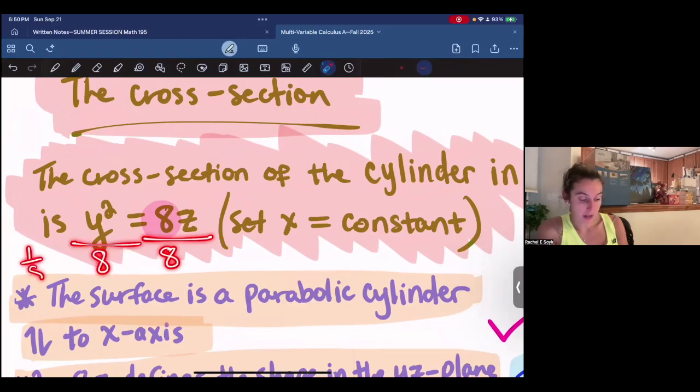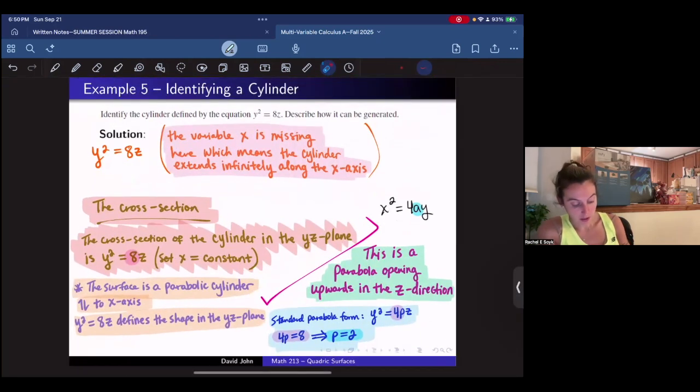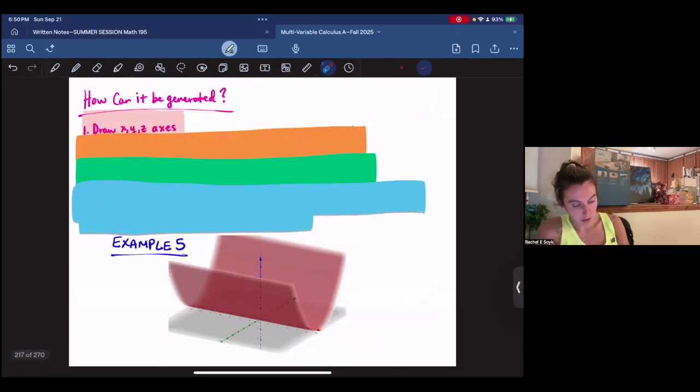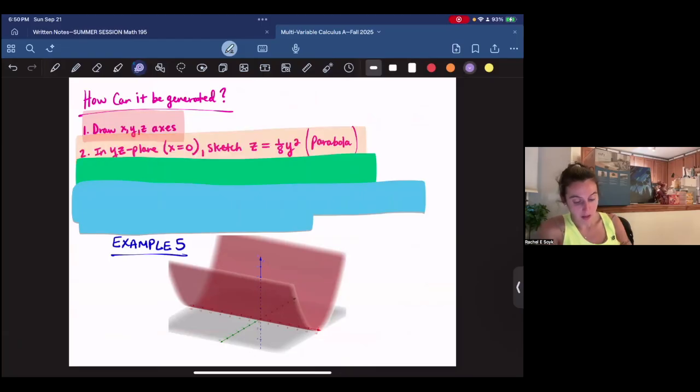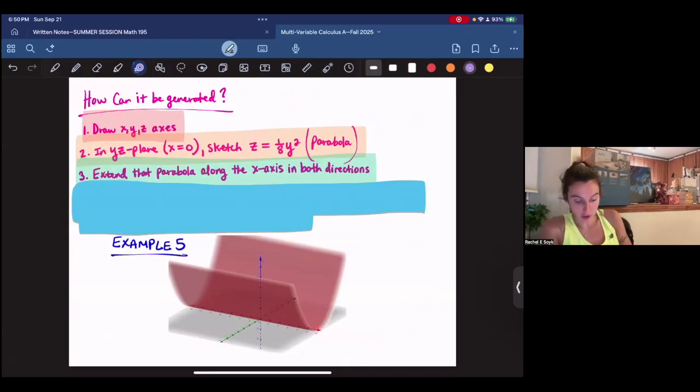And so 1/8 y squared represents that parabola, which stems from our origin, 0, 0, 0. That's our second step. And then we want to extend that parabola along the x-axis in both directions.